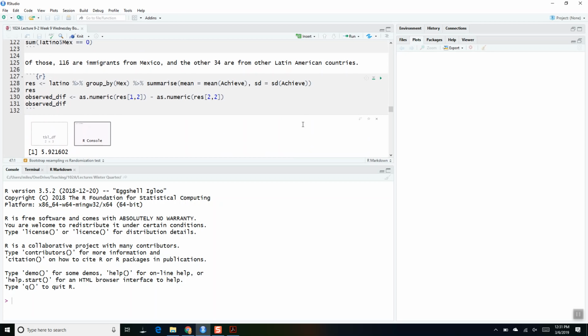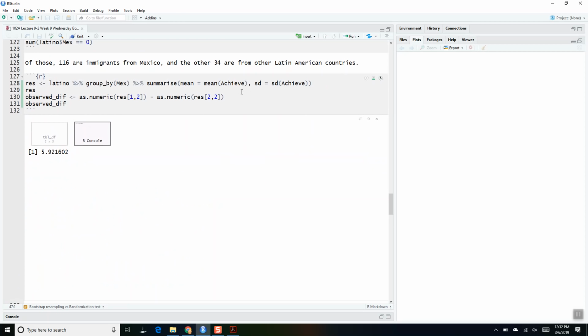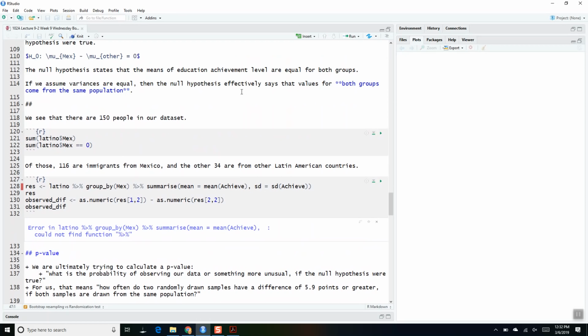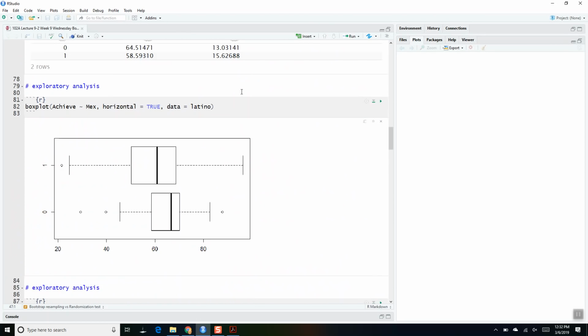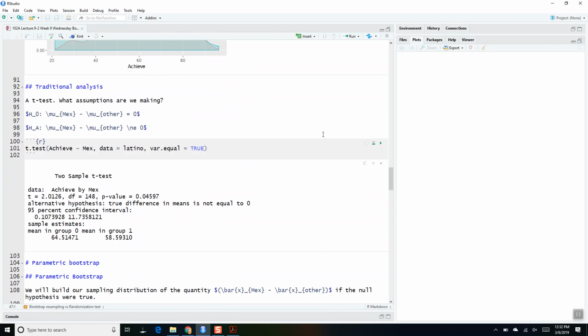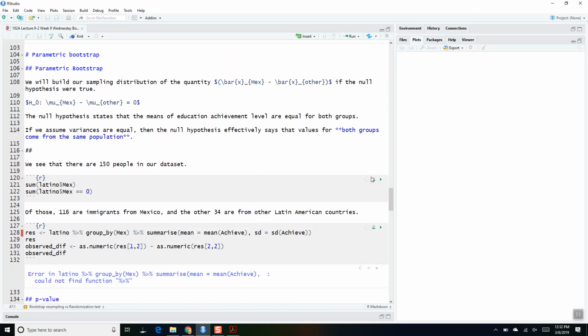But I'll go ahead and run everything above this page. Okay, run everything else.